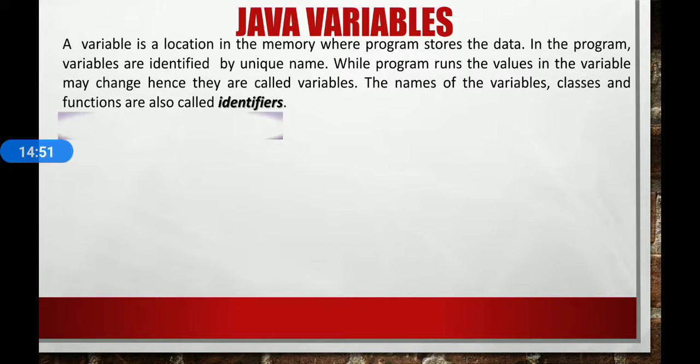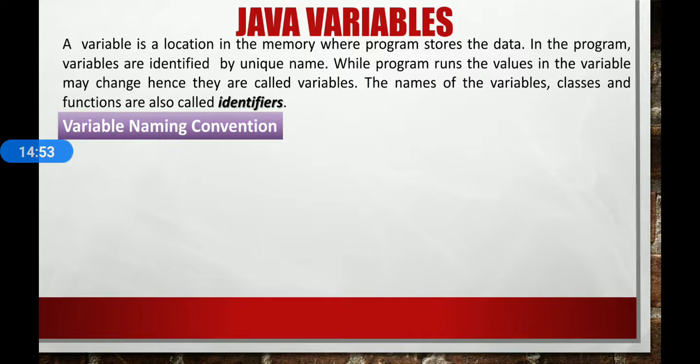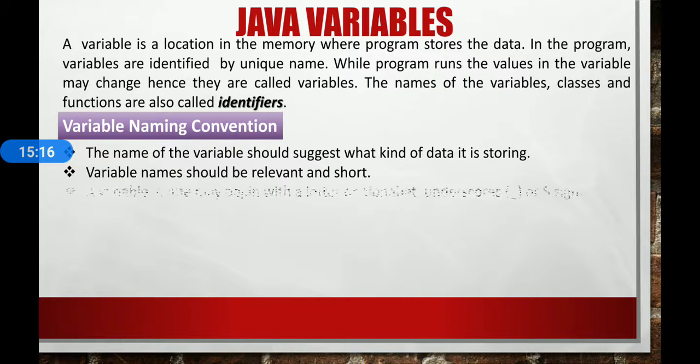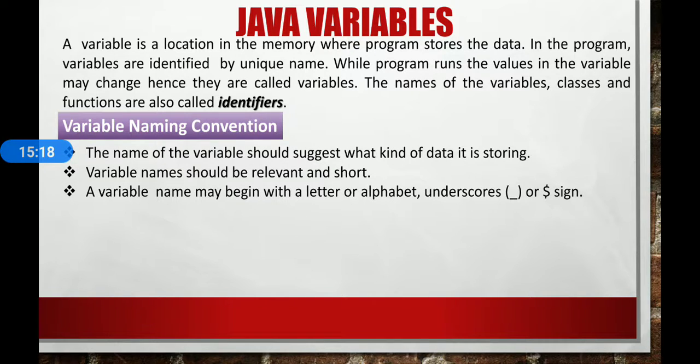Here are some variable naming conventions. The name of the variable should suggest what kind of data it is storing. For example, if a variable is going to store age, then it can be named age. Variable name should be relevant and short. A variable name may begin with a letter or alphabet or underscore or dollar sign.